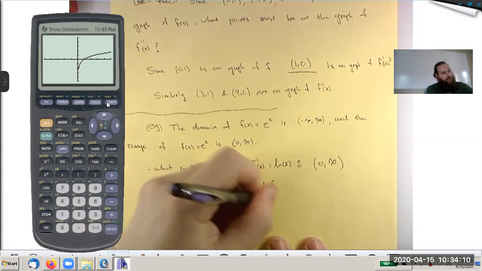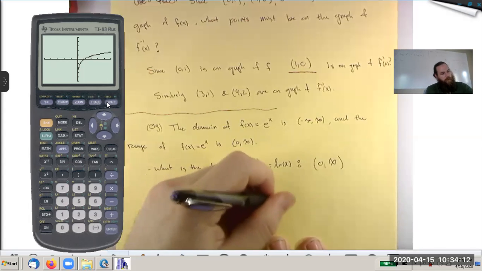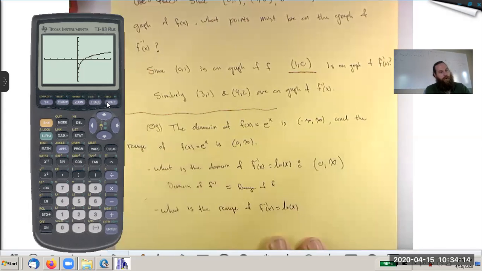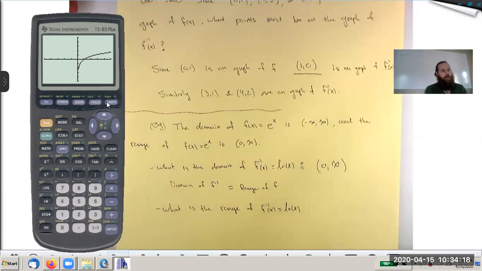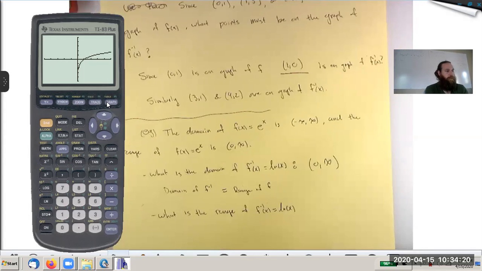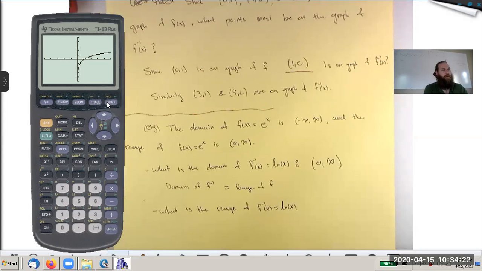What about the range of the natural log? Again, you could look at the graph, or you can think about the relationship between f and f inverse here. Ideally, we should be comfortable doing both. I could ask you this question in either setting.